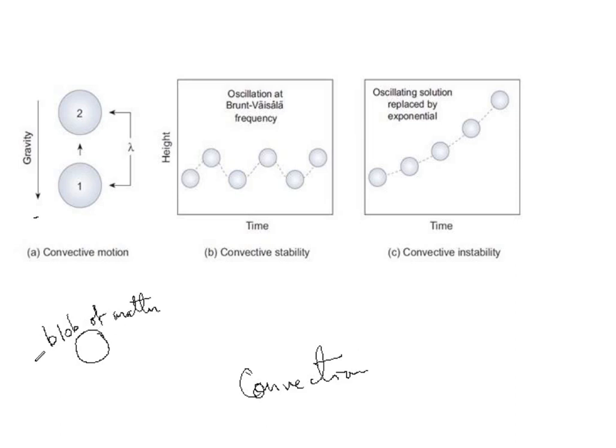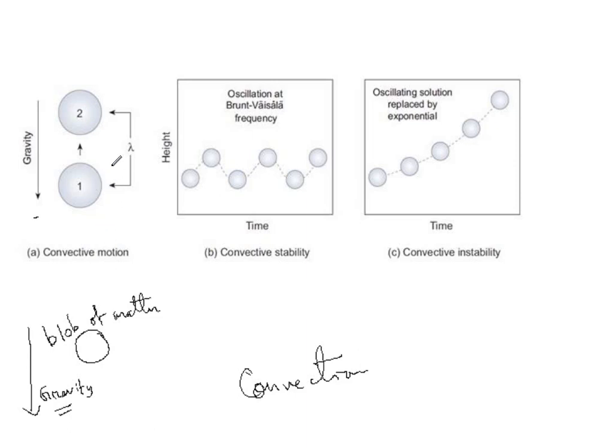Now, this is in the presence of gravity also, because I want to talk about what is happening inside a star. So there is gravity here, and I have got a blob of matter as well. So I ask you to imagine a blob of matter in a gravitating fluid, and that is displaced upward.